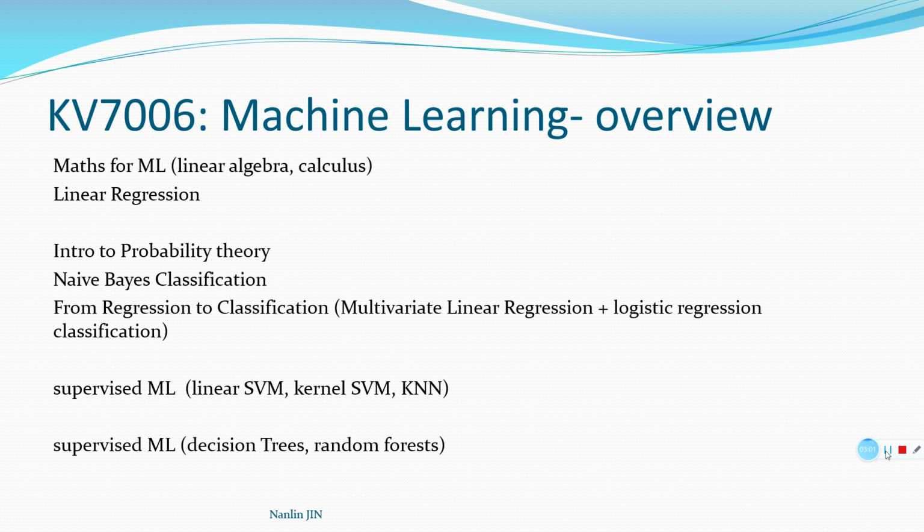Okay, now let's look at the overview. In this module, you probably already know linear regression, but we are going to cover it because it is a very important machine learning technique. It's a fundamental one. We will also cover a little bit of math about machine learning, and we will learn probability theory.